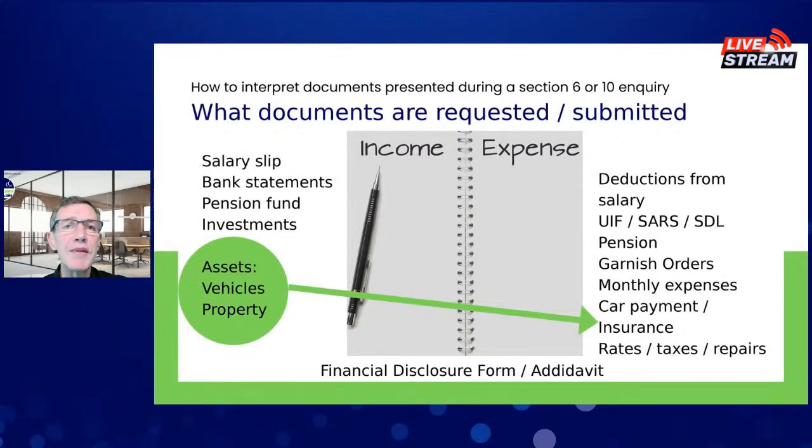Now, usually what happens is that in the first instance, in the Section 6 inquiry, that is the informal inquiry done in the maintenance officer's office, the father or you would be requested to submit certain documents. Practice has shown us that this could be a lengthy process to get the respondent to provide all the details, and the case will be remanded forever, up until a stage that all the documents are presented to the maintenance officer to make an informed decision.